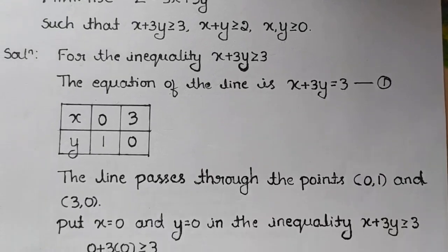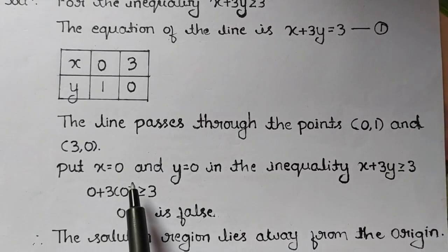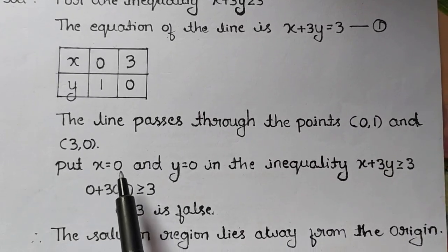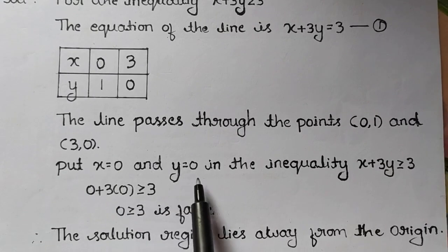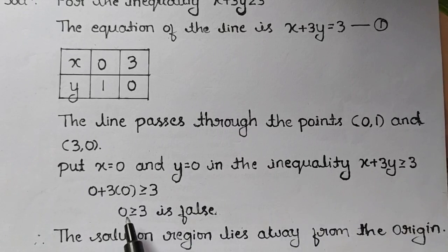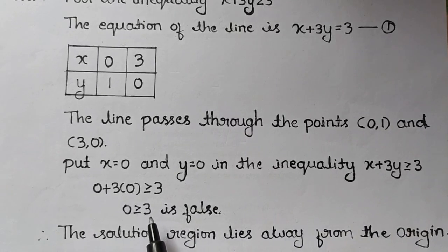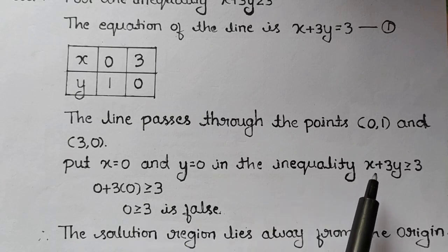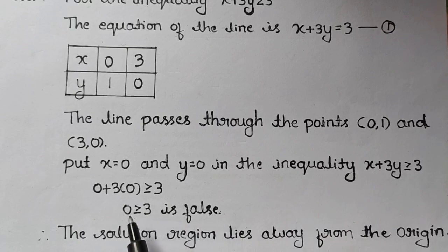For that, substitute the origin, that is x is equal to 0 and y is equal to 0 in the inequality. We get 0 greater than or equal to 3, which is false. This implies that the origin doesn't satisfy the inequality and the solution region is not including the origin.